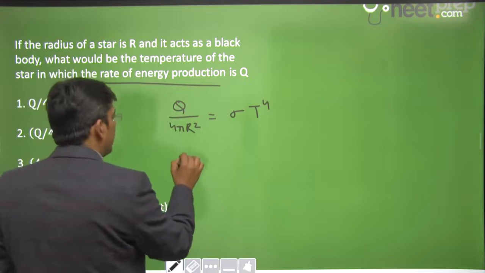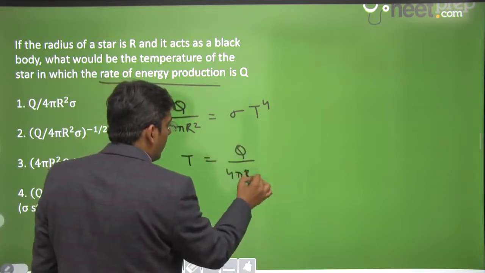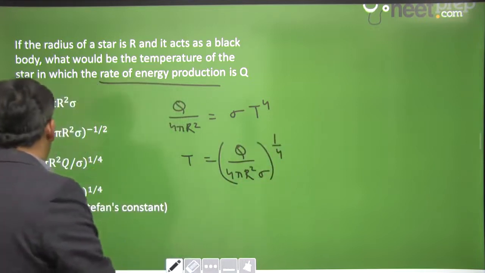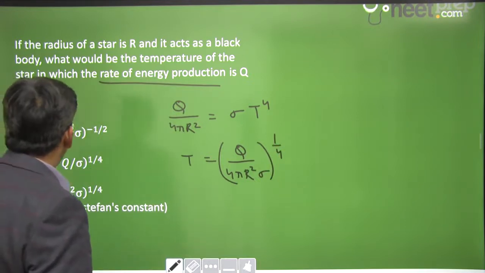I suppose this is the easy question. So we are going to get Q divided by 4 pi r square sigma raised to the power 1 by 4 is the correct option, dear students, right?